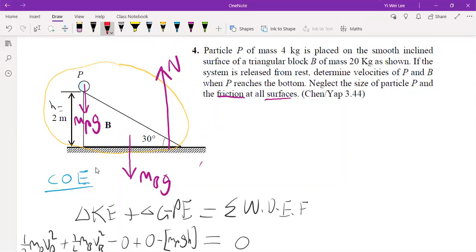First of all, we need to take a look at Newton's second law, where it says that F equals ma, or more accurately, the summation of force equals mass times acceleration in the vertical direction.